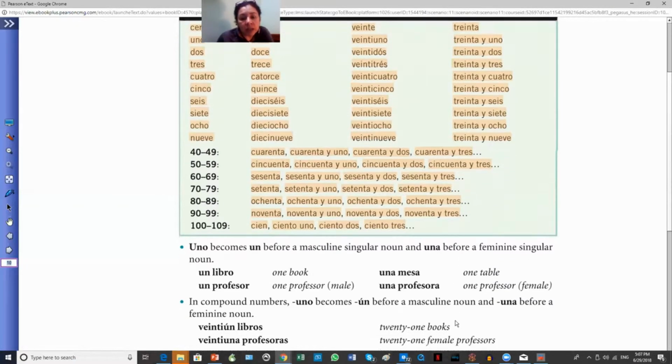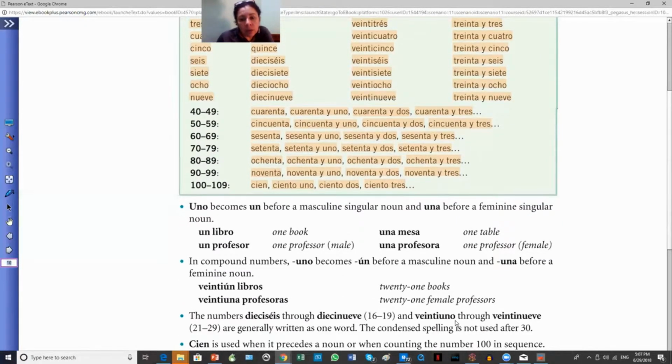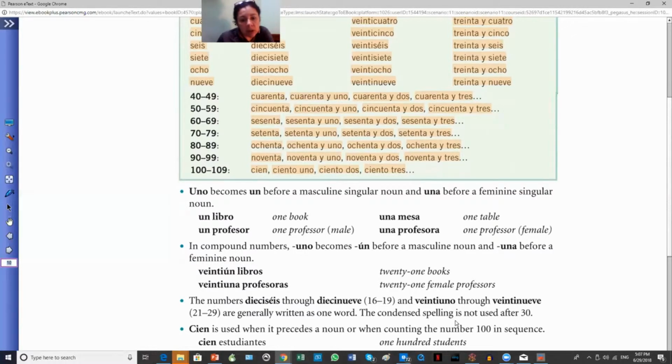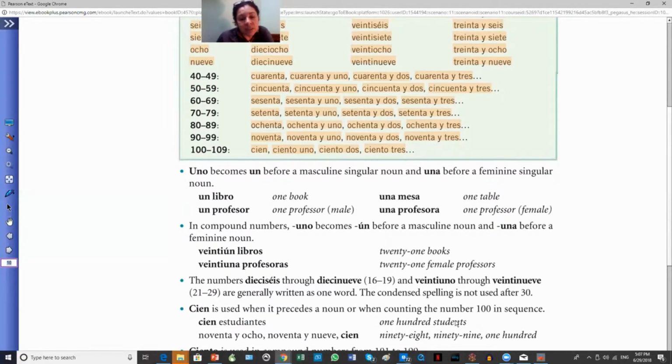Regarding the compound numbers, you already saw the accent marks. Number 100, número cien, see? When it's by itself, it's called cien. It's not called uno cien.